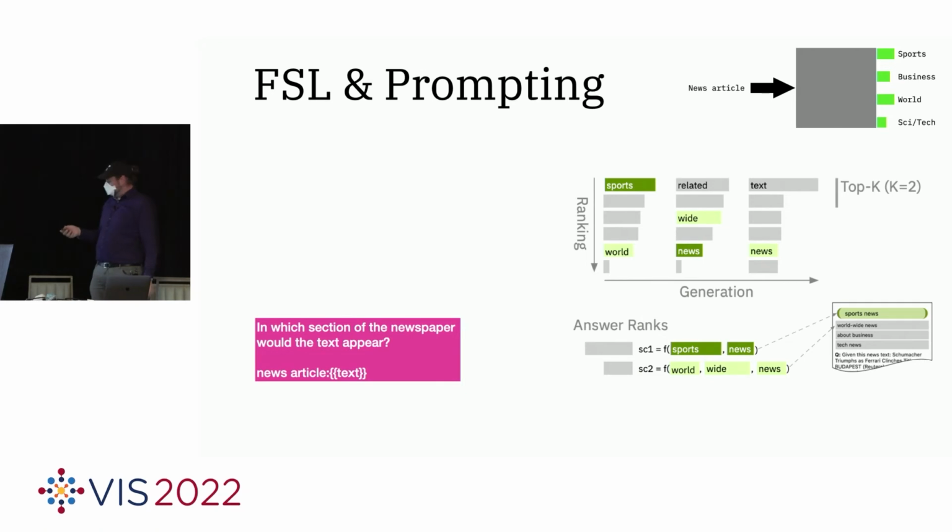Coming back to our problem, we could now do the following and say, take the same model that I just showed you, T0, and ask, in which section of a newspaper would the text appear? News article, colon, and then you provide the text you actually want to classify. And then you observe the predictions of this model, and you figure out which of the 4 possible options is highest ranked.